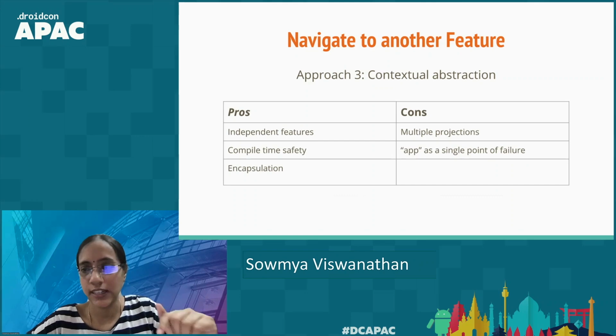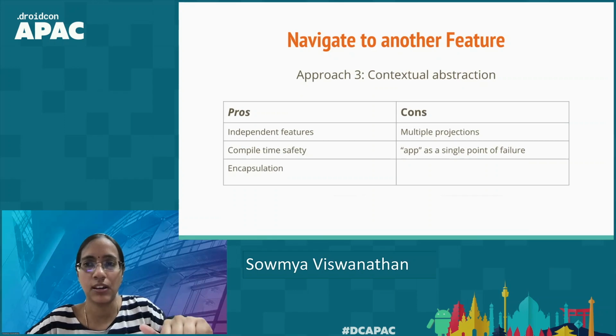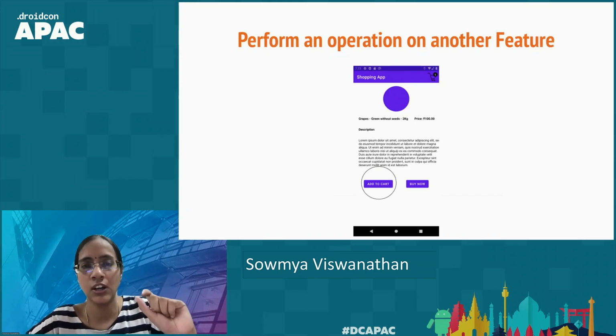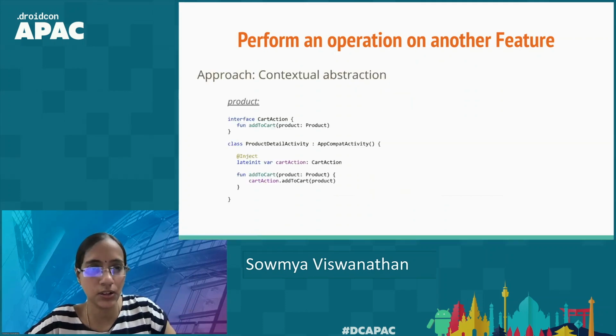But if we take this approach and try to apply it to another kind of navigation that we saw in the app, where from the product screen I try to add the product to a cart, we did not move away from the product page, but we still needed to send some product related data to the cart screen. If we try to see if the contextual abstraction approach applies to this action as well, this is how the code would look.